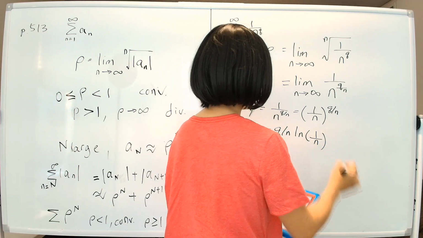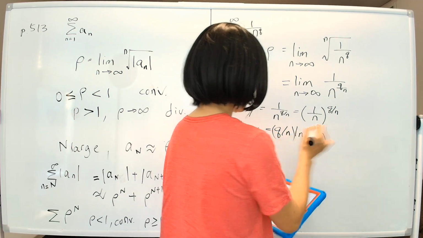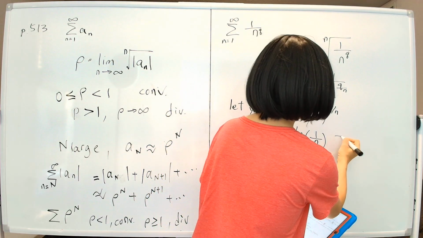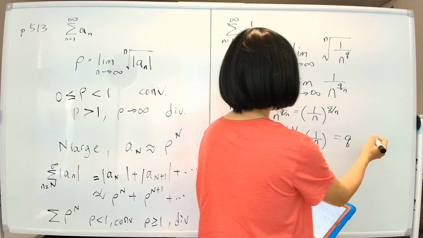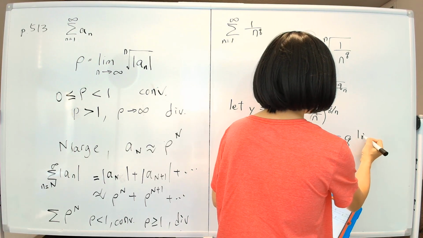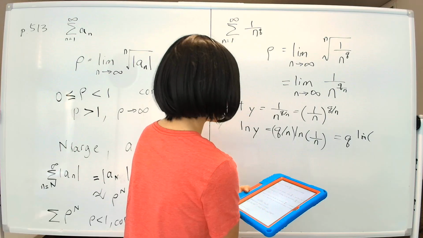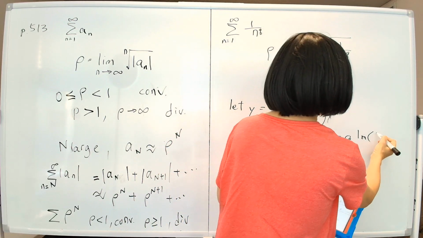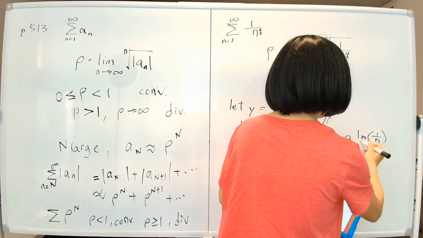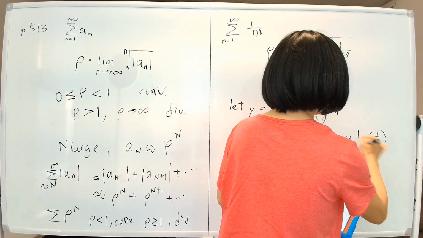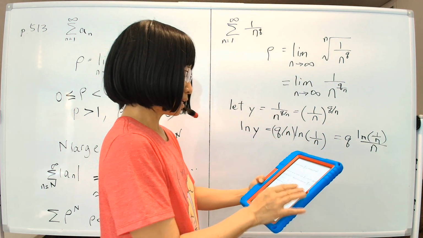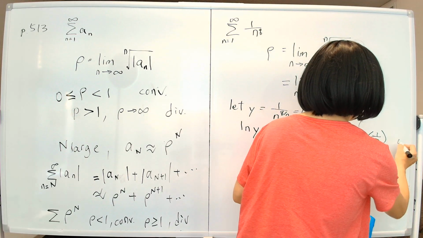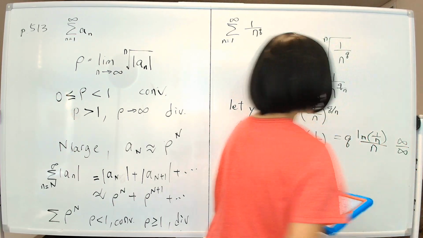Which ends up being q times natural log of 1 over n, divided by n. There's no dot there, we're just doing a logarithm now. Q is just a number. Now at that point we have the infinity over infinity situation, right? In fact, we've done this many times, but we'll do it again.